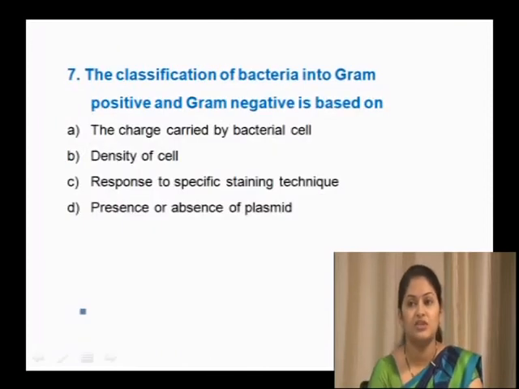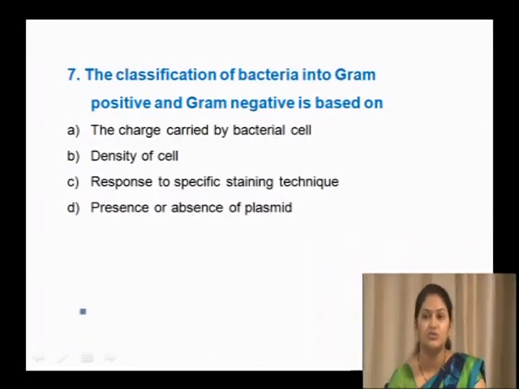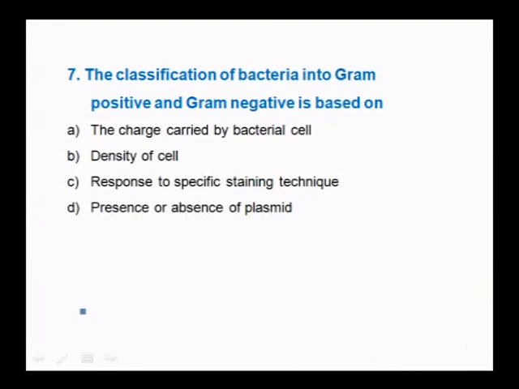The classification of bacteria into gram positive or gram negative is based on the charge carried by the bacterial cell, the density of the cell, response to specific staining technique, or the presence or absence of plasmid.